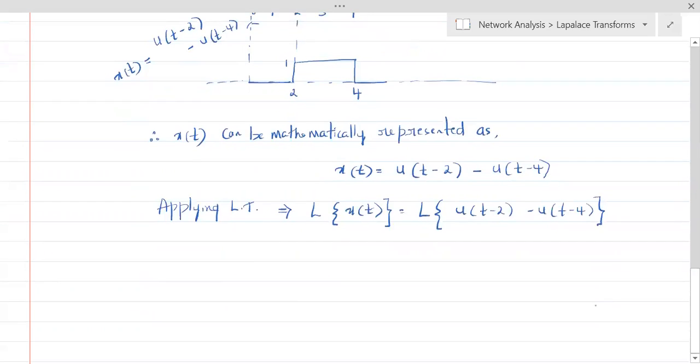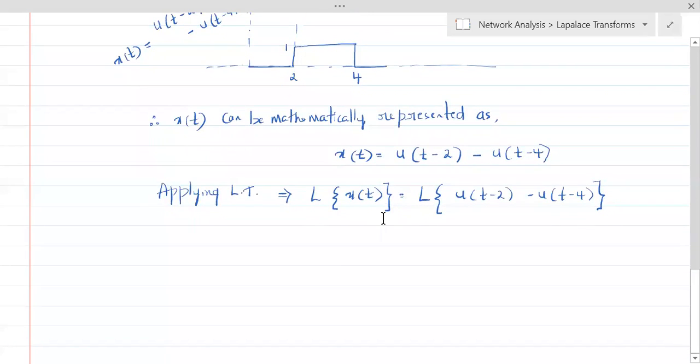Fine. Now, what is Laplace transform on x of t? It is capital X of capital S. Understand? And how can we write this? We can write this as Laplace transform on u of t minus 2 minus Laplace transform on u of t minus 4.